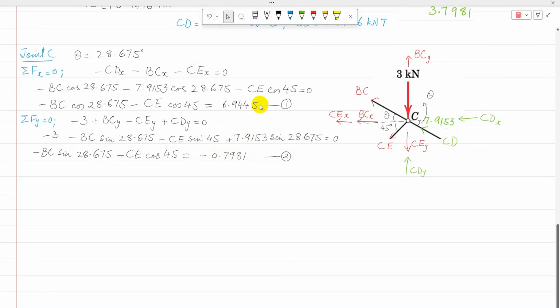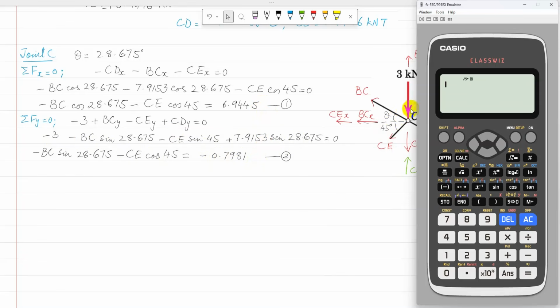So I have to solve these two simultaneously. I'm going to solve these two simultaneous equations using the Casio FX991EX. Please go to menu, then the third row and second column, which is for equation, alpha A. So now I'm going for simultaneous equation number 1, and the number of unknowns is 2. Then I need to input all the values there.